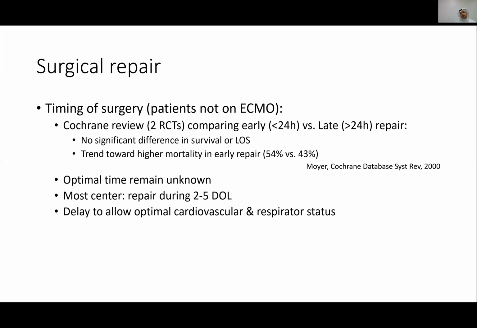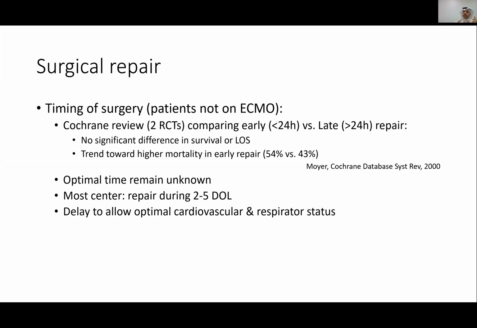Most of the centers will repair between day 2 to day 5 of life. The idea is that you want to allow the baby to transition from the fetal circulation to the normal adult circulation, and to optimize, you want the cardiac function to reach a good balance. You want the pulmonary status to equilibrate, and then you want to operate on them.